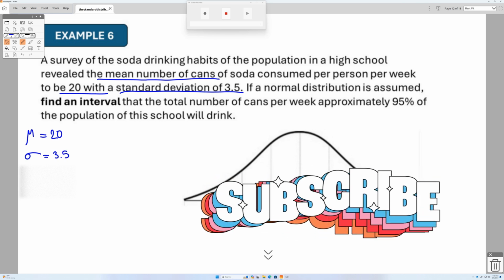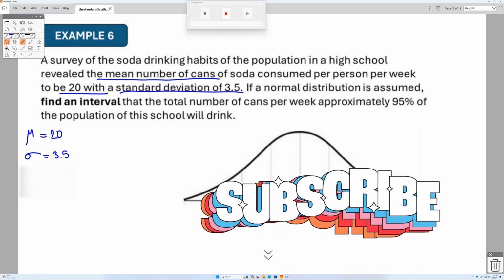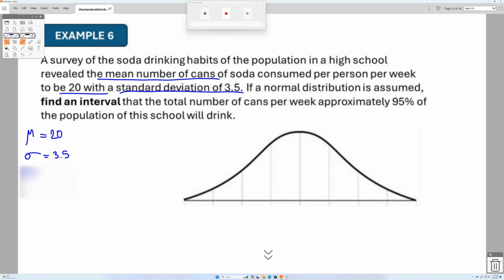Find an interval for the total number of cans per week that approximately 95% of the population of this school will drink. Within two standard deviations contains 95% of the proportion.